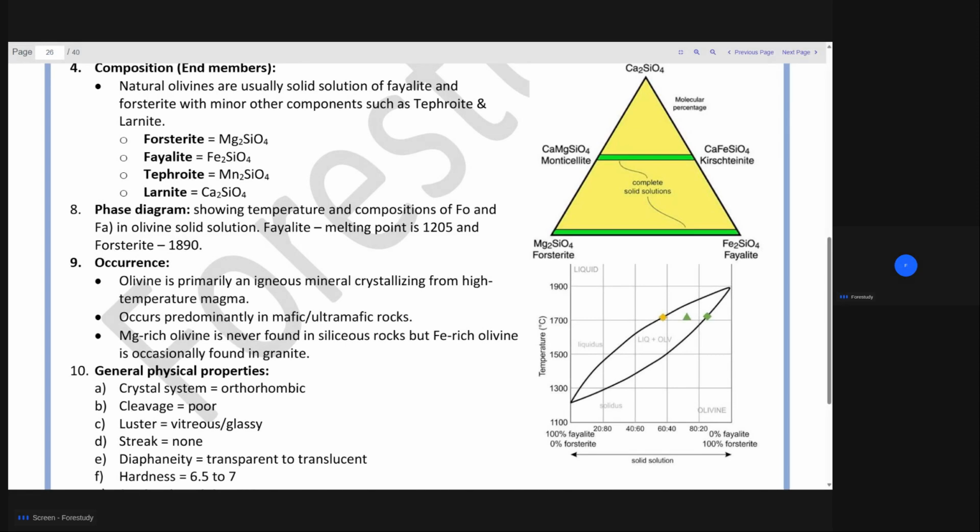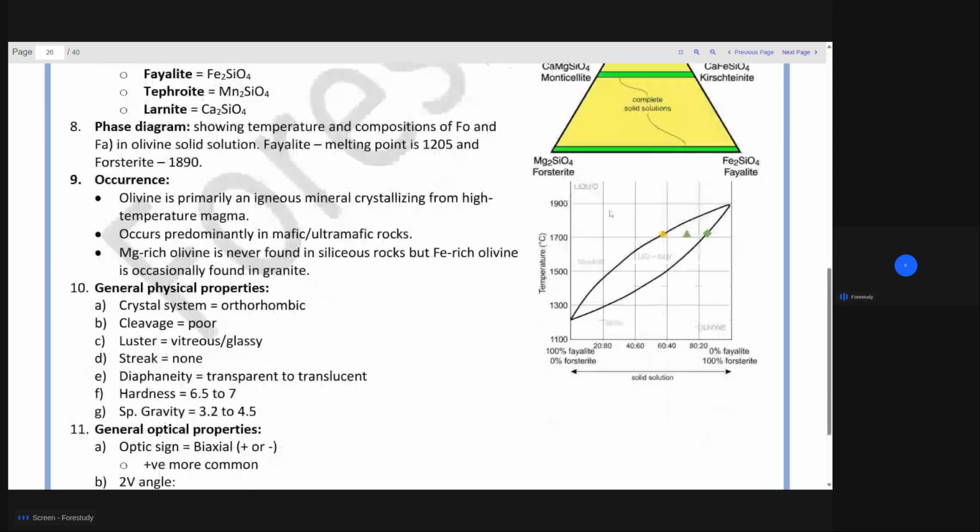Now coming back to our topic. This is the diagram that I was talking about. Now you know how this crystal melt thing works, showing temperature and composition of Forsterite and Fayalite in olivine solid solution. Fayalite melting point is 1205 and Forsterite is 1890. I have just told you how we can crystallize from a melt.